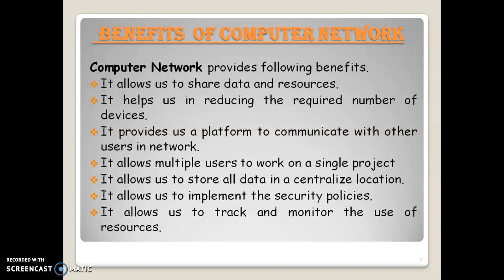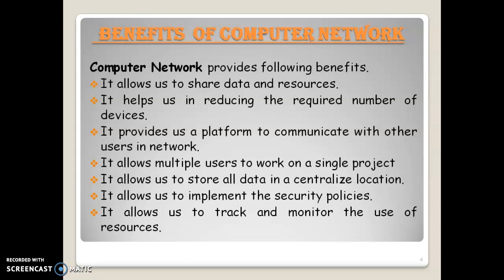It also allows us to implement security policies, because whenever we are connected to the network, we have to follow some protocols. As I told you in my last videos, network connectivity is possible because of network models, which can be the OSI model and the TCP/IP model, and all those models have protocols related to each layer.